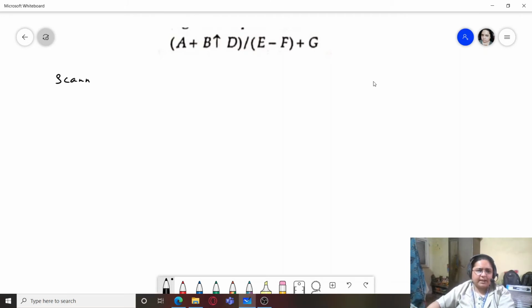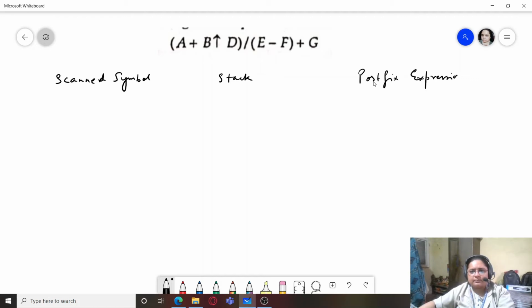So we will divide our screen into three parts, that is scanned symbol, stack and postfix expression. First we enclose the entire expression within a pair of round brackets, and now we start from the left side, one symbol at a time. So this is a bracket, push the bracket onto the stack.